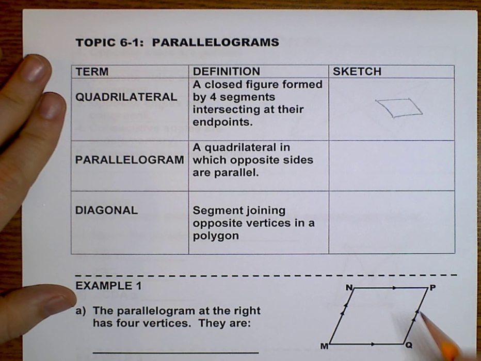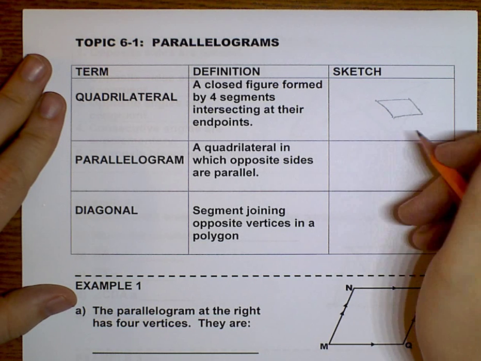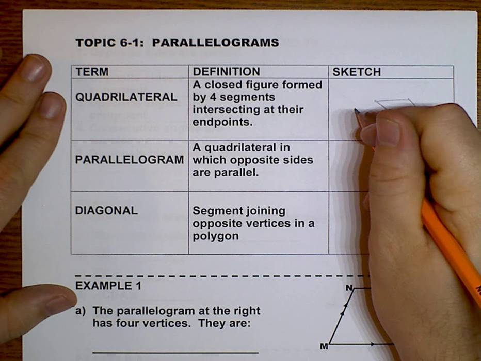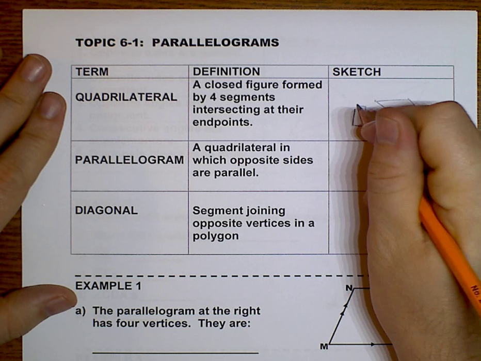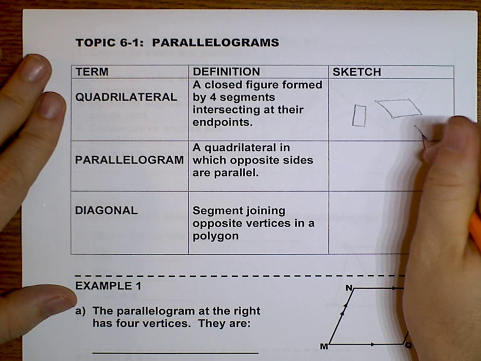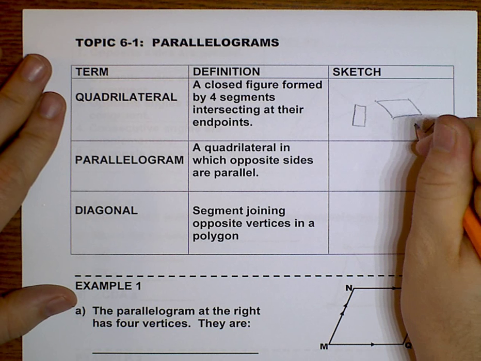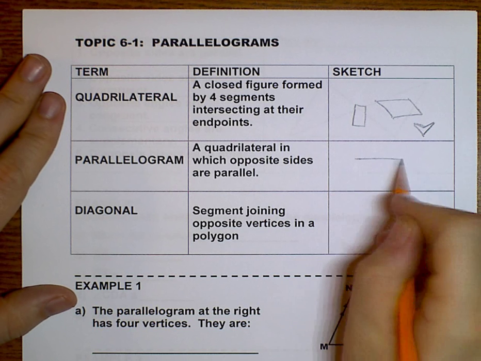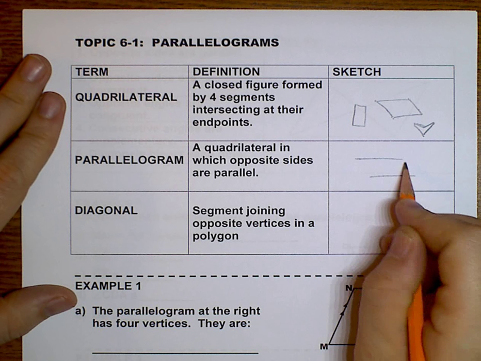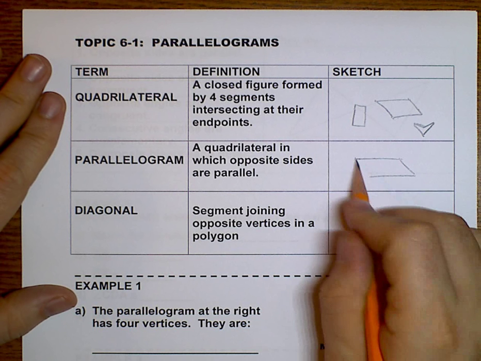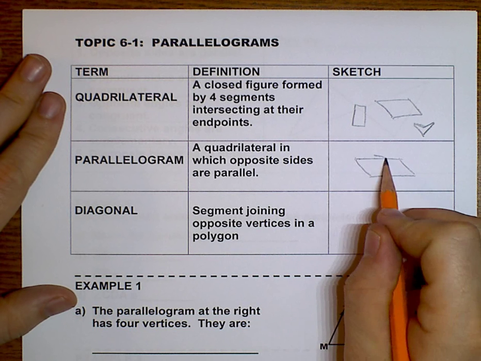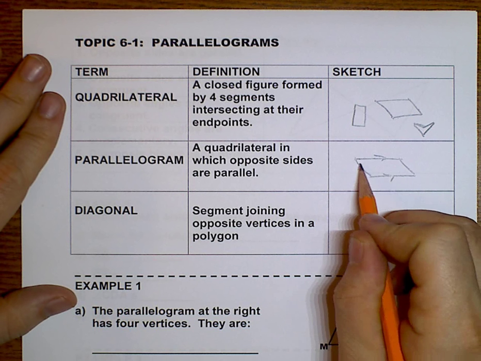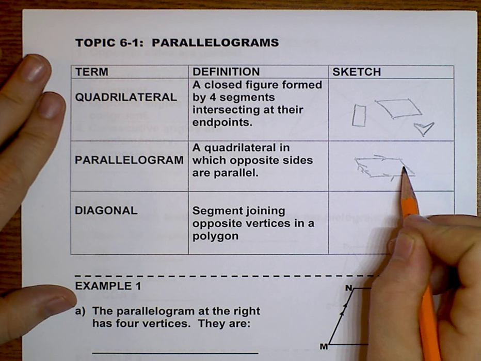Now a parallelogram, other options of this would be, of course, rectangles, or that. Those are all quadrilaterals. Now a parallelogram is one that's simple. The opposite sides are parallel.